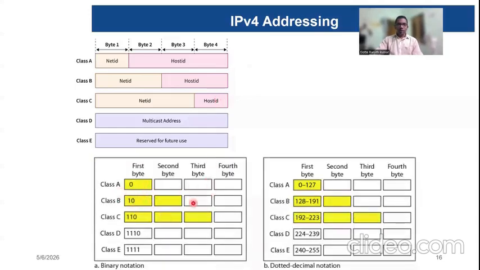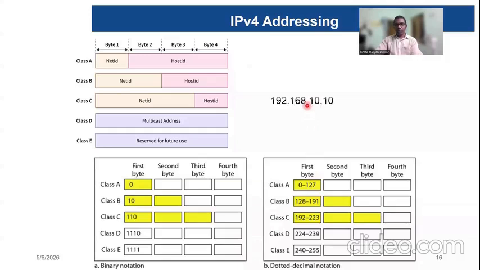Either we can represent it in binary or decimal. Decimal is convenient for human beings, so mostly we work with the decimal representation. Whenever an address is written, it consists of 4 parts, in 4 bytes. In the first byte, based on the number written, its class can be identified.